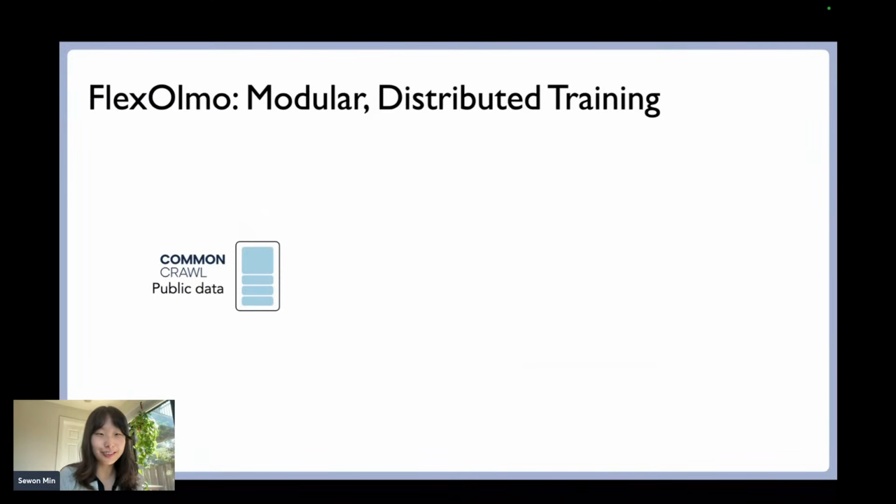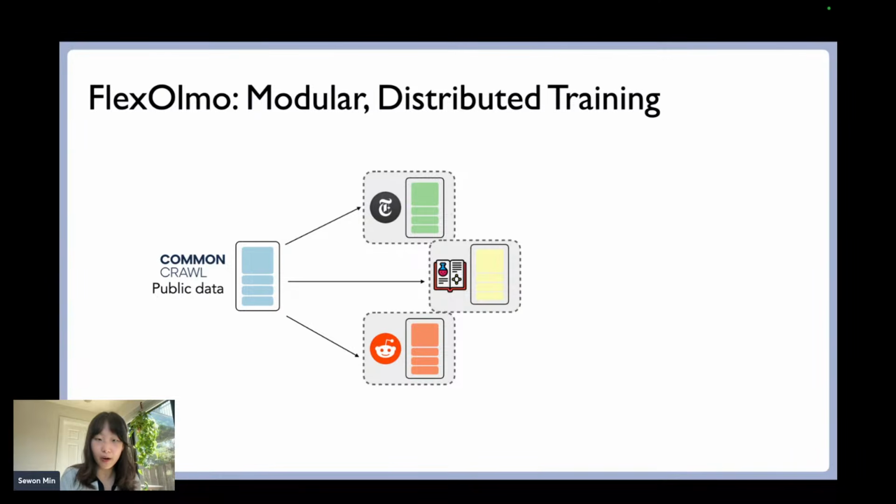So what we want to do is to propose a model that can support modular distributed training. And here is the exact problem setup. First, we assume we have some starter model that is a shared model trained on public data only. This is data someone could pull all together and train one giant model on. And then we have a set of data owners who didn't release their data publicly.